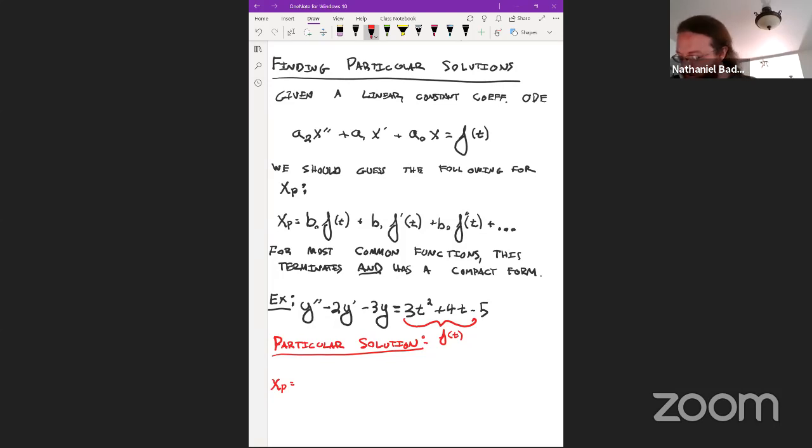So this is going to look like the sum from i equals 0 to infinity of b_i times the ith derivative of f. But once we take one derivative, two derivatives, three derivatives, the third derivative of this is 0, so we actually run out very quickly. And in fact, this is just some general degree 2 polynomial.